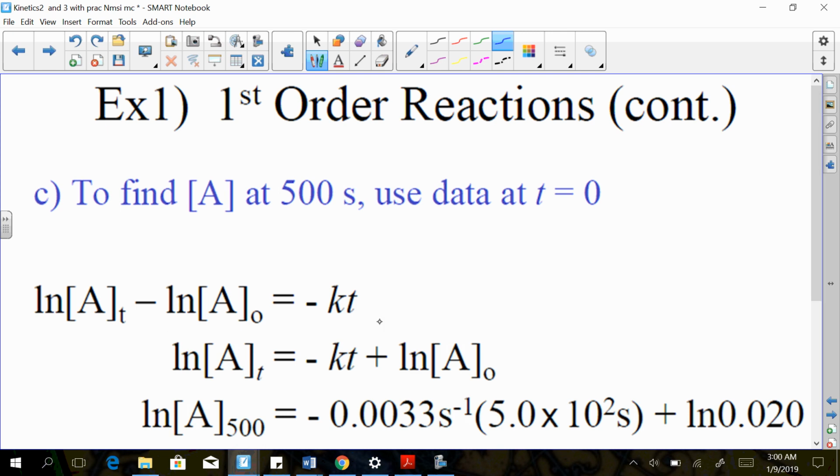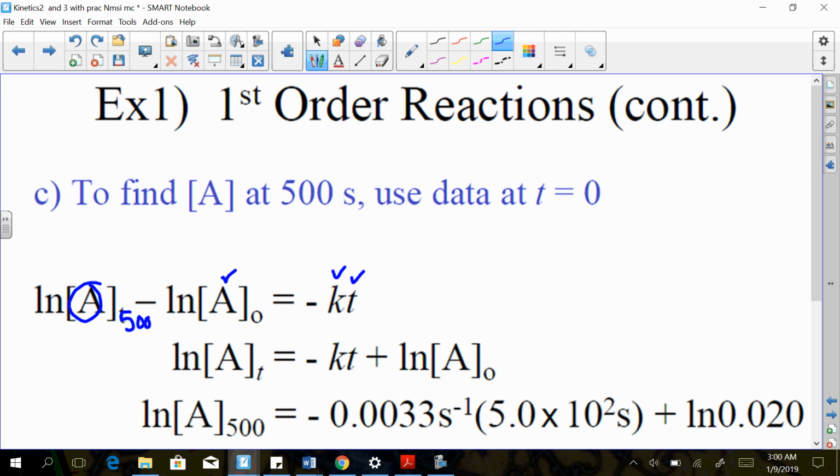So if we go back to our same first order integrated rate law, and we're trying to find what is the concentration at some time at 500. I'm going to put a little 500 here. At 500 seconds, I know the concentration from the data table at 0 seconds, my initial concentration. And I know K. I just calculated K. And I know the time.